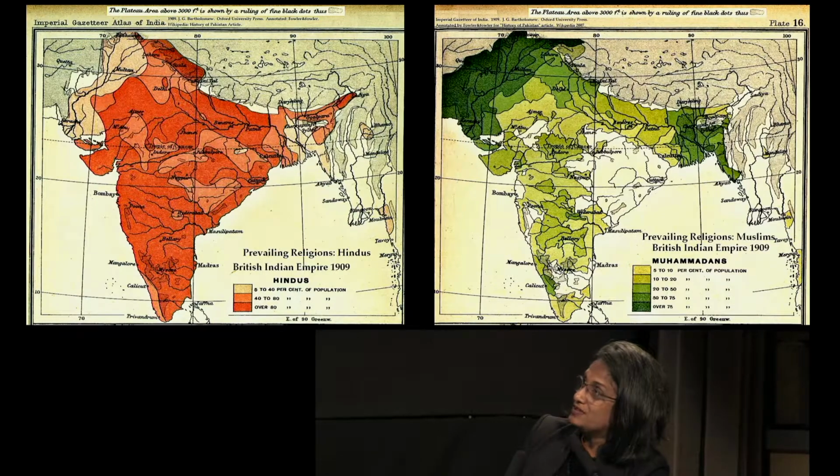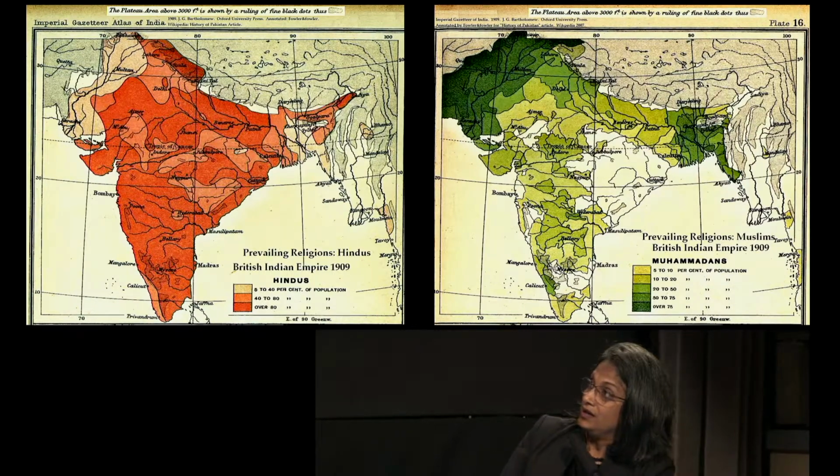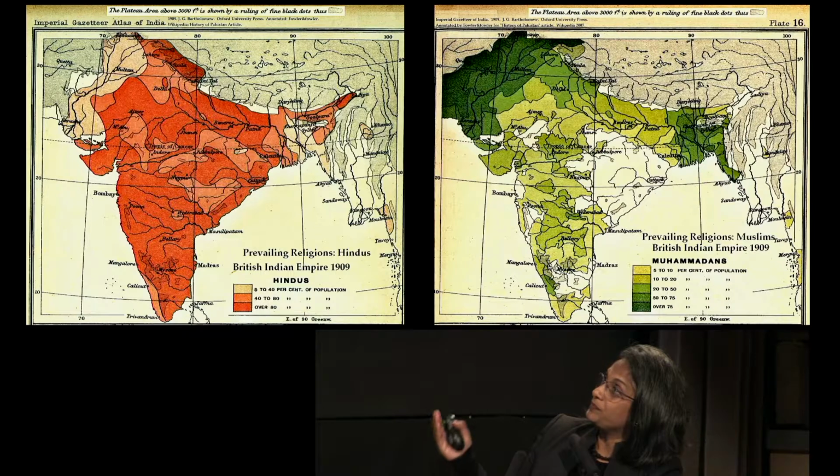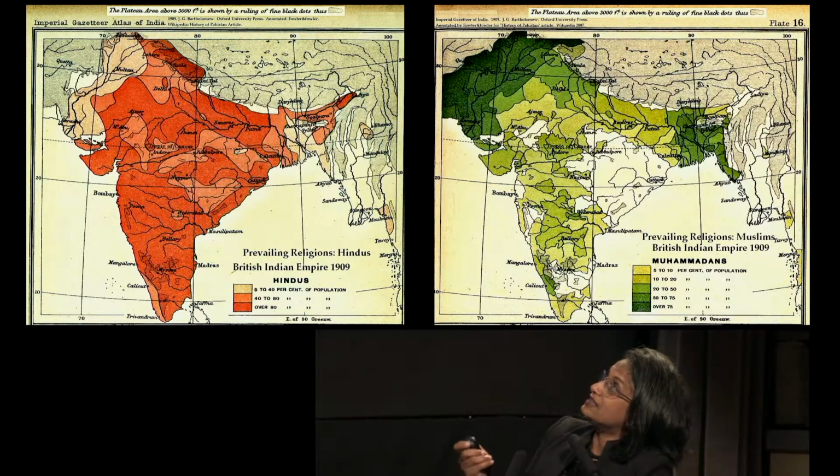And these two maps show, this was done during the British colonial time, in 1909, the census of Hindu and Muslim population. And you see that the dense dark green areas are the densely built areas of Muslim population, and over here as well.